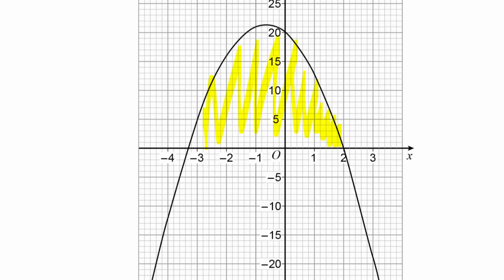So it is going to be when the values of x lie between here and here. Okay, so between there and there, f of x is greater than 0. Now that value is nice and easy to read off. It's just 2. This one is a little bit trickier to read off.